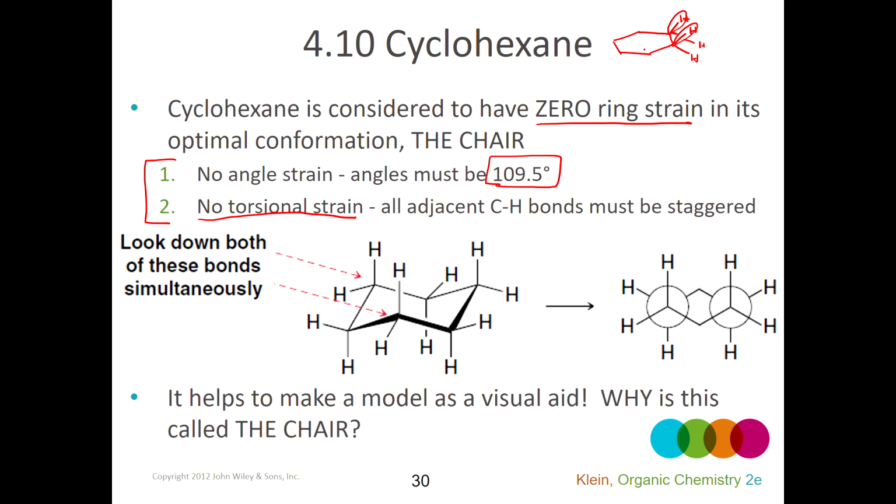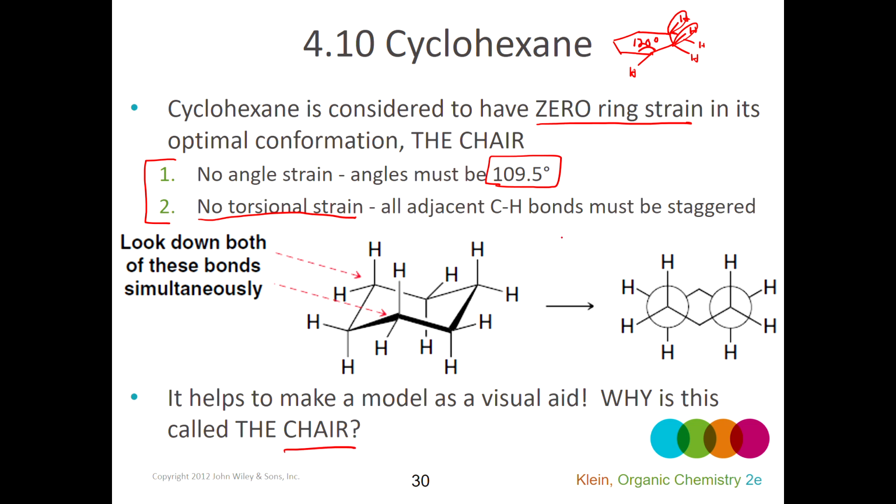Plus, the flat ring would have angles of 120, which would force the carbon-hydrogen and carbon-carbon sigma bonds too close together at an angle less than 109, and that would make some repulsion there. So to avoid this instability of the torsional strain and angle strain, it adopts what we call a chair structure.